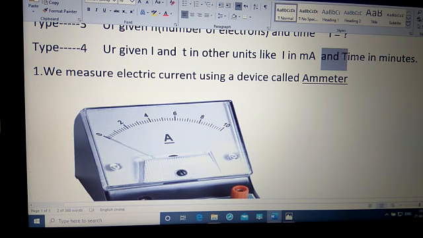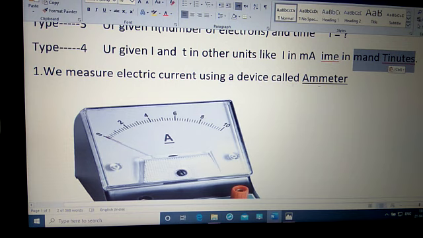In this case, we need to convert milliampere into ampere and minutes into seconds. So we convert these larger or smaller units into SI units, then we proceed.